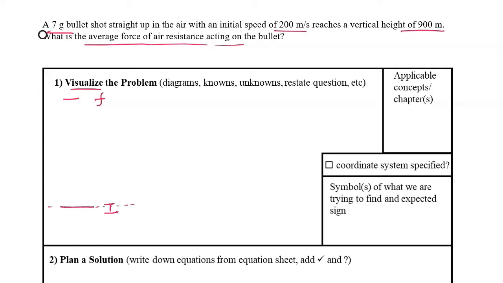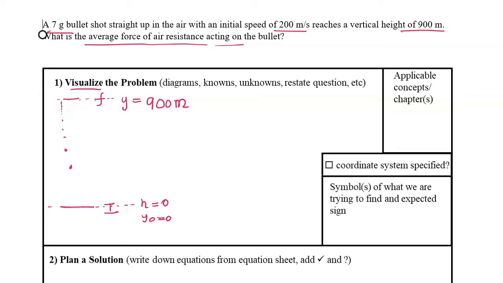I'm going to identify the initial state and final state. Initial state is when the height level is equal to 0. So the initial y position is 0, and the final y position is 900 meters, because the bullet is going to reach 900 meters above the initial height level.